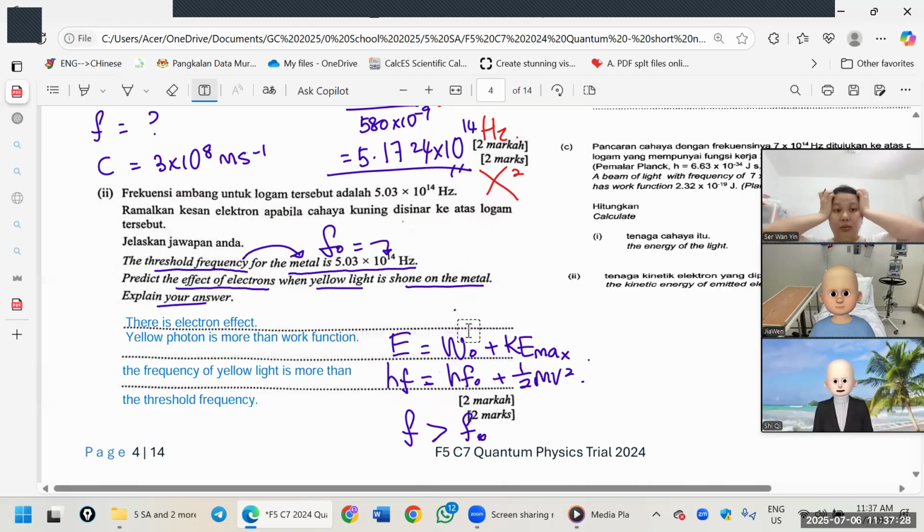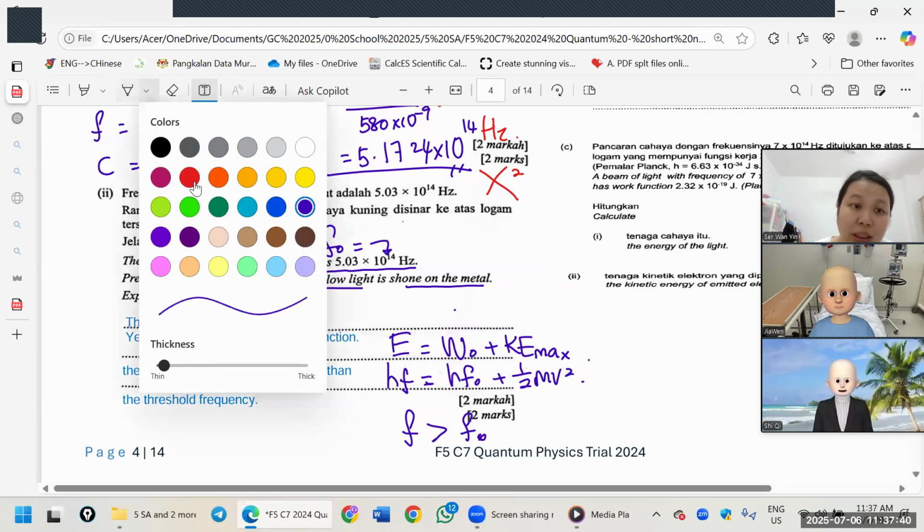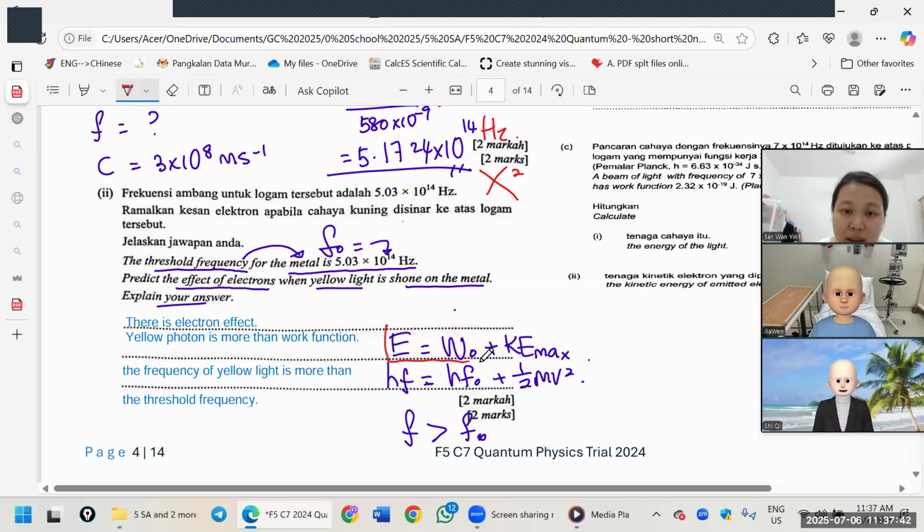When they ask you to predict or they ask you what happened, we can always recall the formula. Any chapter also can. Frequency, see? How to get photon energy or work function: times the Planck constant.